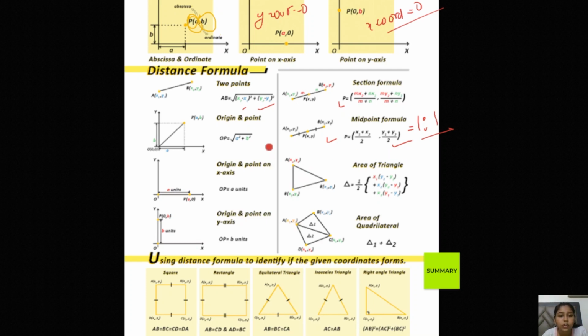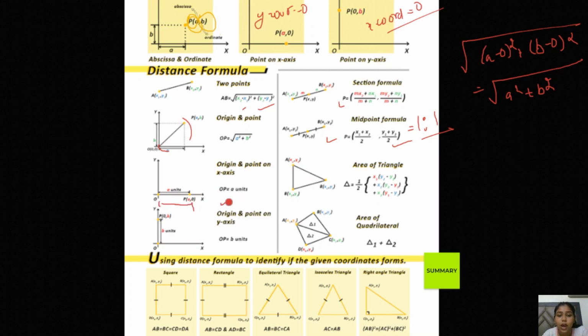Right, now origin and points. When you have to find the distance between the origin and a point, then in that particular case it is (a minus 0) whole square plus (b minus 0) whole square. So in short, when you have to find the distance from the origin, this will be the formula. Now for a point on the x-axis, the x will be a and the y will be 0.